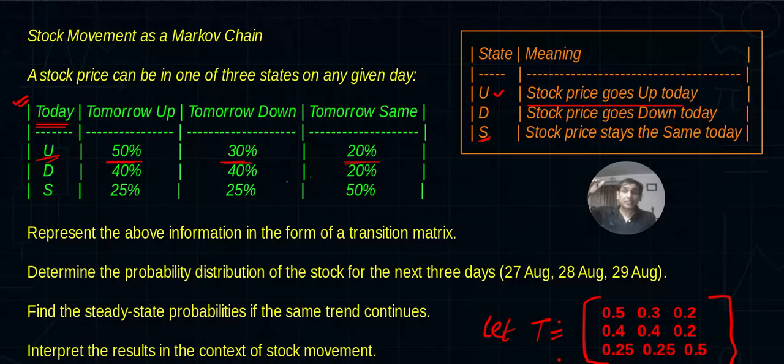Now imagine the stock went down, and tomorrow there is a 40% chance it will go up, 40% it will go down, 20% it will stay the same. Now imagine today when I checked, there is no change. It was the same as yesterday. Then there is a 25% chance it will go up, 25% it will go down, 50% it will stay the same.